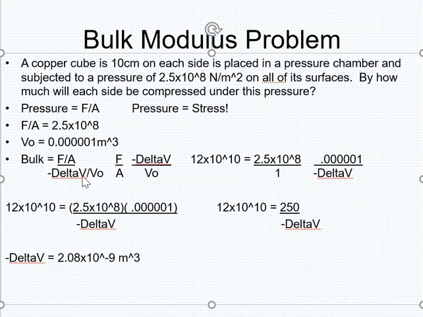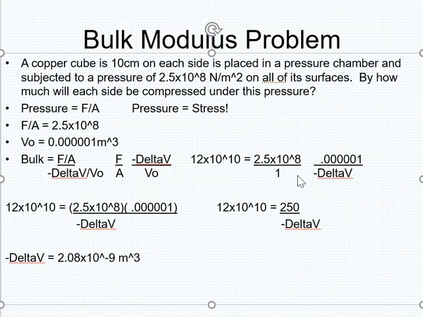If you change this to a division problem, we get force over area divided by delta V over V naught. How do we do fractions? We change it from a division to a multiplication, and we flip the second fraction. So all I've done here is plug in the numbers and flip this fraction at the same time.